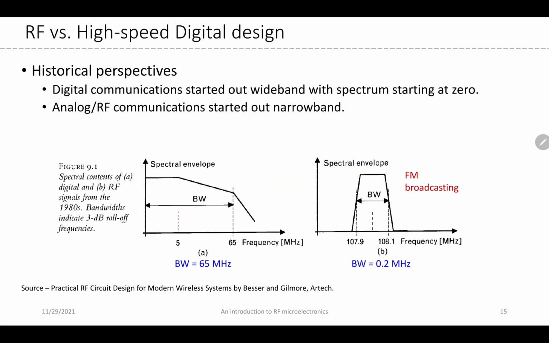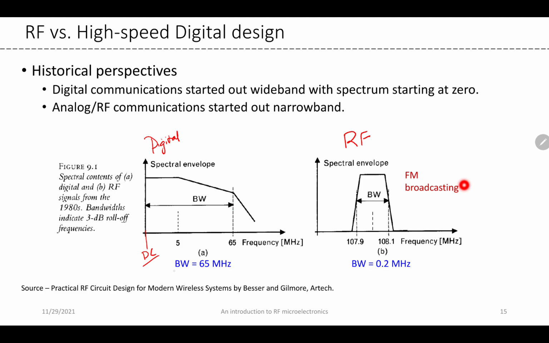Now if we do a comparison between RF and digital circuit design, you'll see that there are a few differences in terms of how bandwidths are allocated. If you look at older designs, say for example from the 80s or 90s, you'll see that the digital circuit designs, so this is digital and this is RF, started with DC.